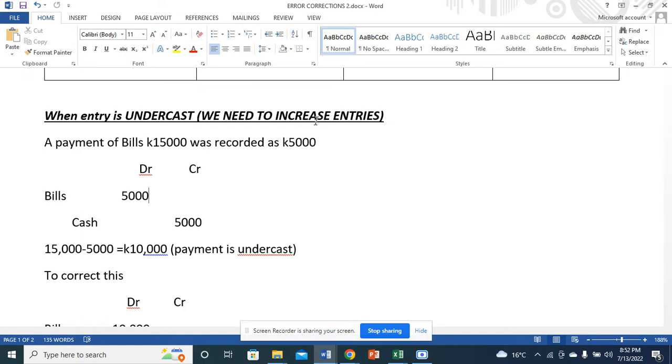Yes. In the situation where it's undercast, what about the situation where we have, if I can call it overcast, whereby, for instance, you are supposed to record the 1,100 and then you have recorded 1,100,000 where the entry is overcast?